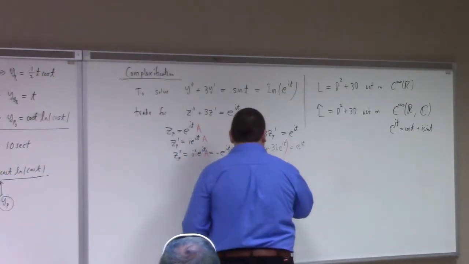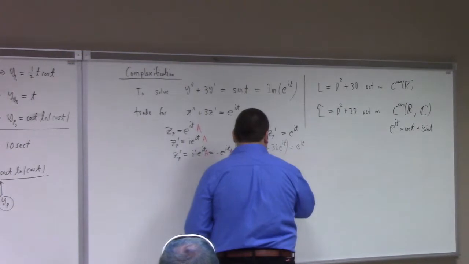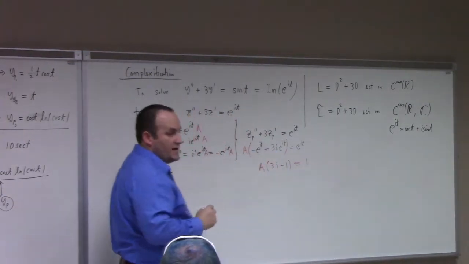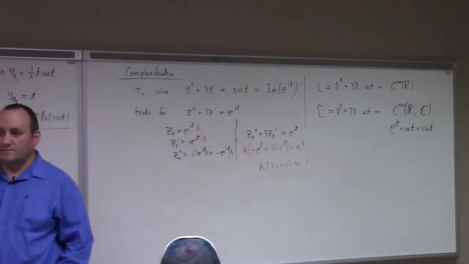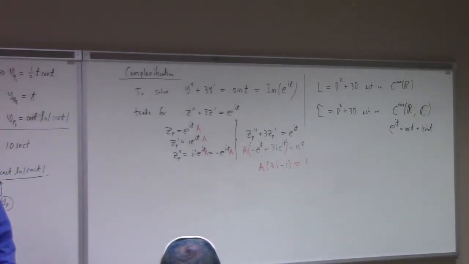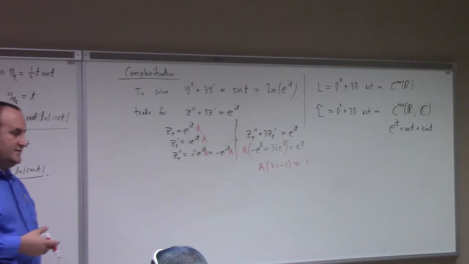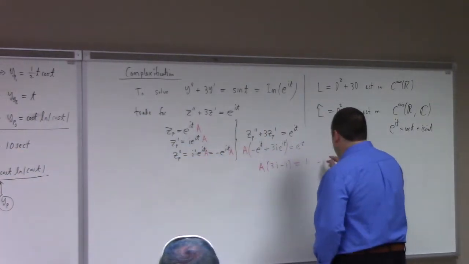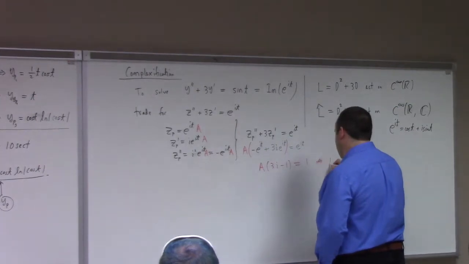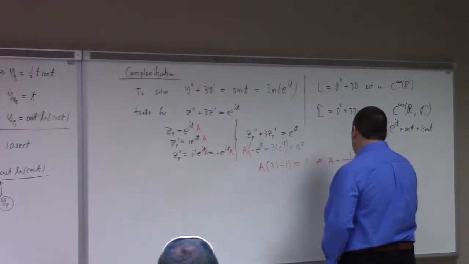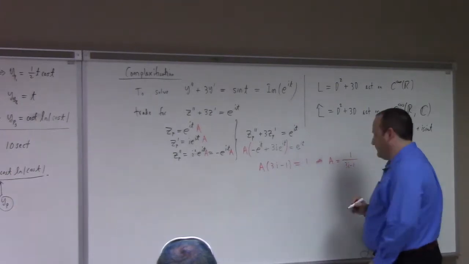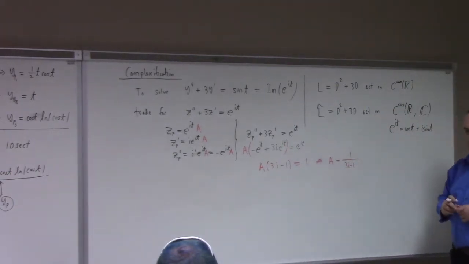That's funny to me. So that's actually a times (3i minus 1) equals 1, right? Now this a, it's a complex calculation. We expect a complex constant. So that's the cost of the method: you have to do some complex arithmetic. This tells us that a is 1 over (3i minus 1). What you want to do there is put that in Cartesian form.